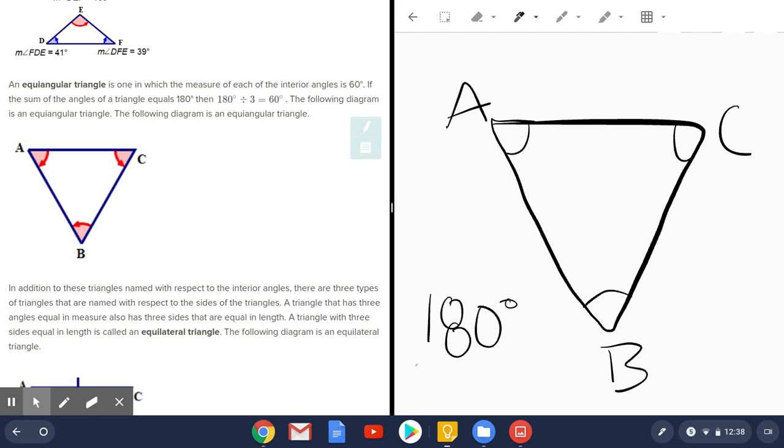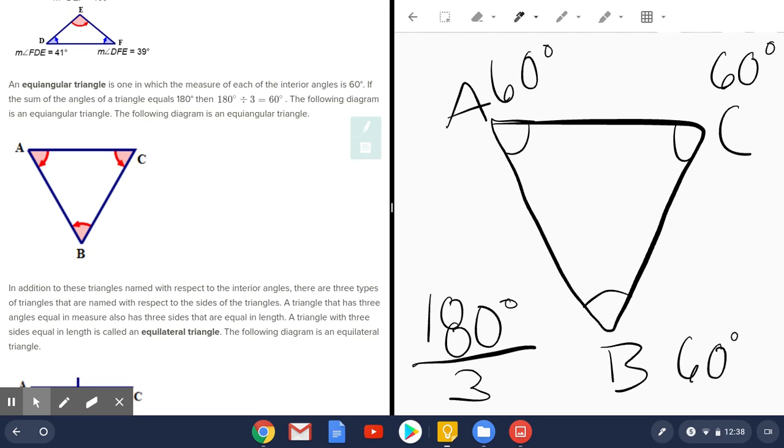And if we have 3 angles, what's 180 divided by 3? It is 60 degrees. So they are all 60 degrees. This is what we would call an equiangular triangle. It means that they all have the same amount of degrees in their angles.